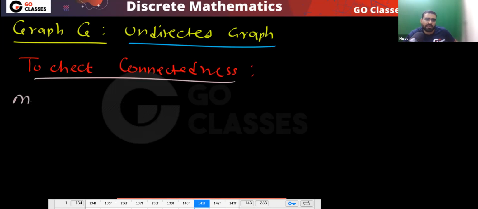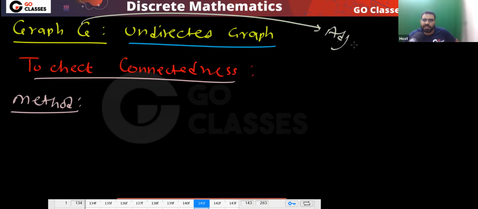This is the method. First you put the self loops. Putting the self loops, what does it mean? The adjacency matrix is M. It means I'm making the diagonal entries 1.